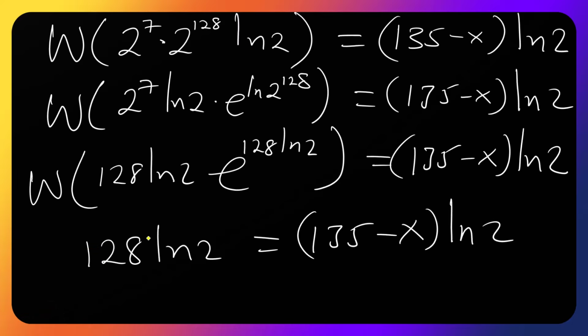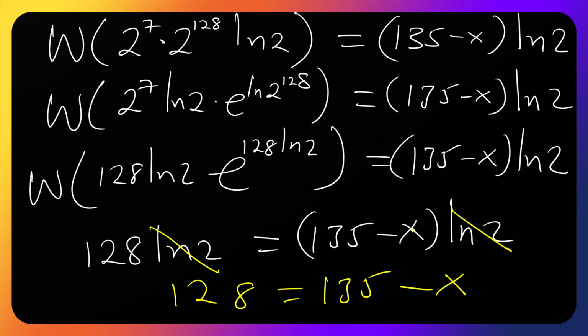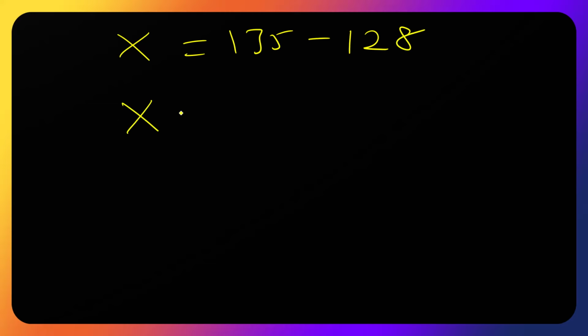From here, ln of 2 cancels ln of 2, so 128 equals 135 minus x. Let's solve for x. My x is the same as 135 minus 128, which is 7.